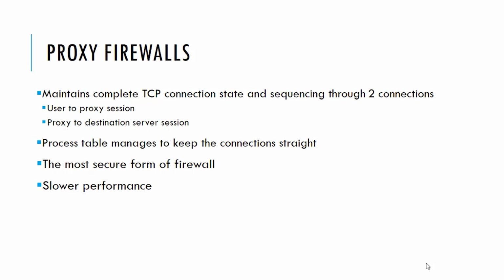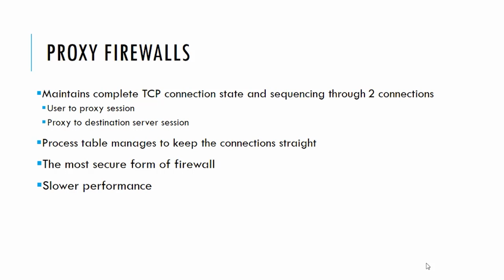So it makes two separate communications, and in between them it investigates the traffic arriving from the outside network to the inside network through a process table that keeps the connections straight, which gives the user the feeling that he is connecting to the internet directly. We have the opportunity to inspect every single bit and byte in the traffic arriving at this firewall, and to decide either to allow or to reject this traffic.